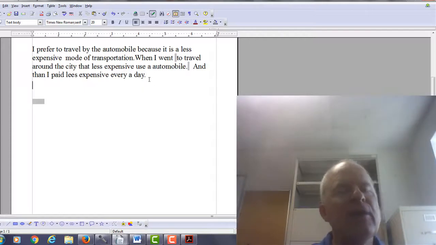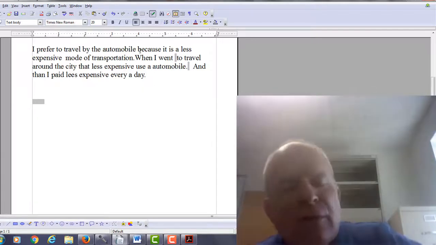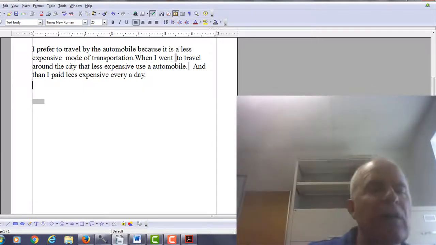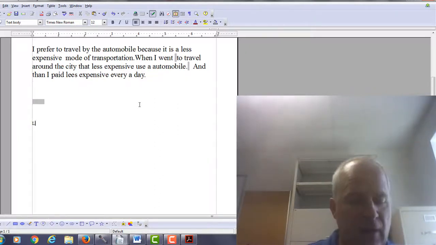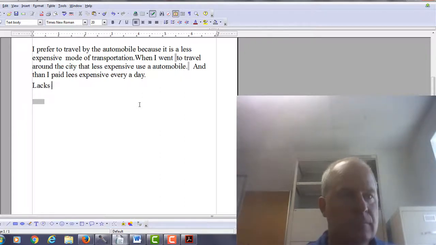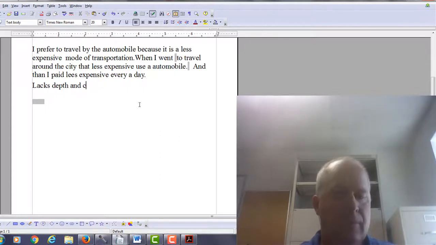Okay, so when it comes down to it, see, you had just too many ideas in there. When you really look at less expensive here, there's really not a lot of information in here that even deals with that idea. So your paragraph lacks depth and complexity of thought.